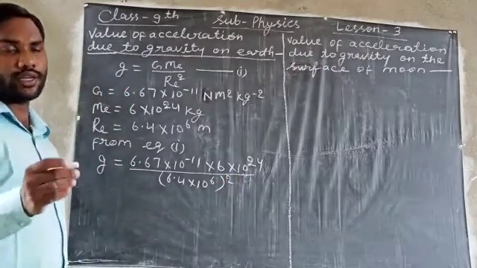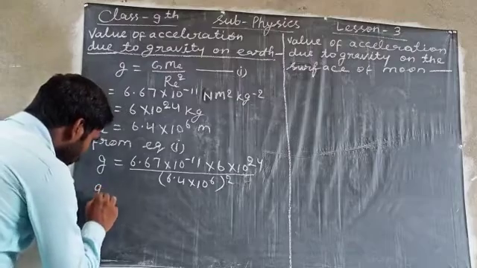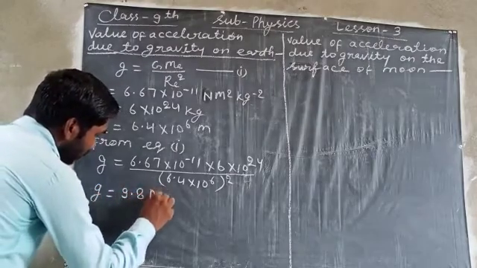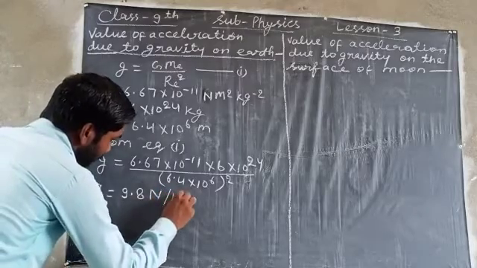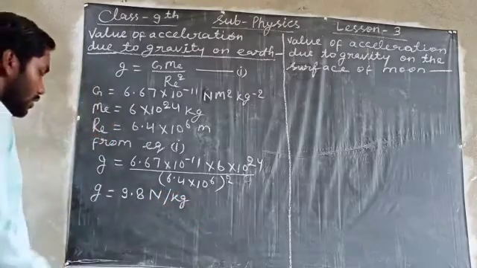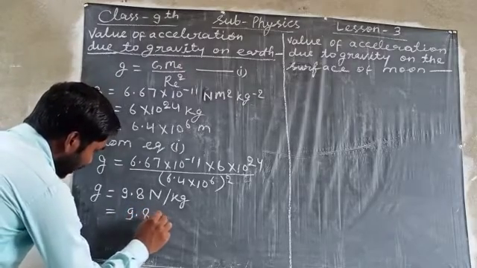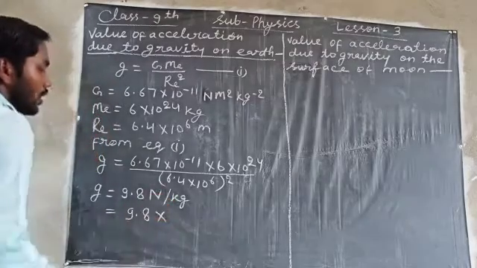When we calculate this, g will be equal to 9.8 Newton per kilogram.